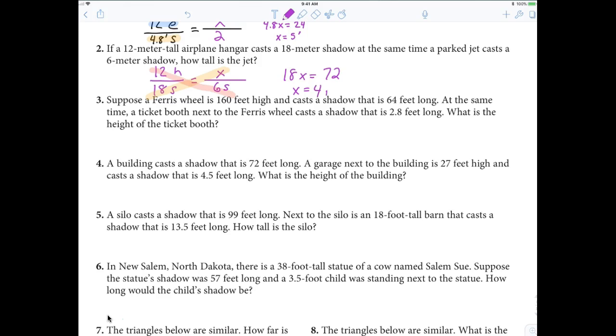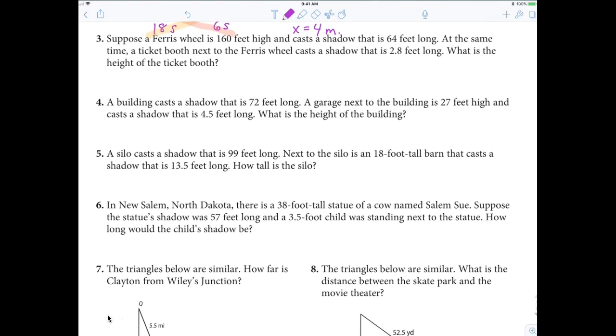What units are we measuring in? Come on, guys. What units are we measuring in? Meters. So M would stand for meters. Hopefully you agree, it's very similar to what we did yesterday.